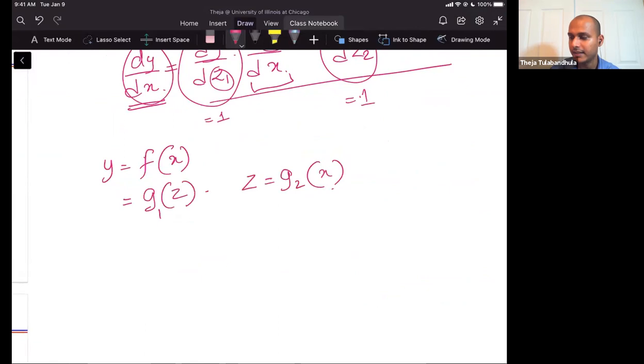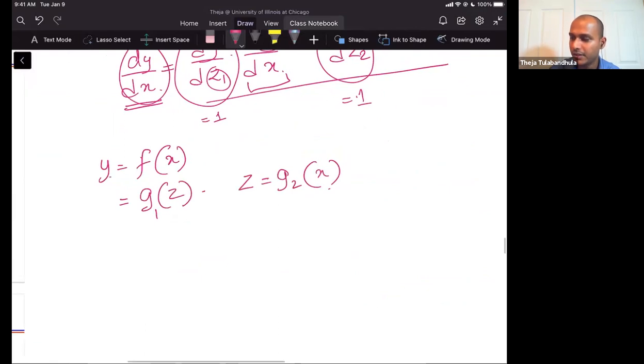So basically y is a function of x, but the function of x can be split into two functions, g1 of z, and then z itself as g2 of x. So basically y was equal to g1 of g2 of x, right?